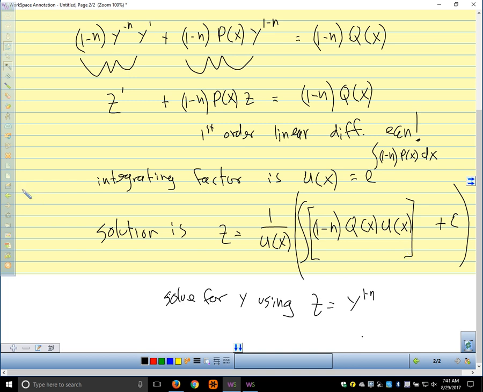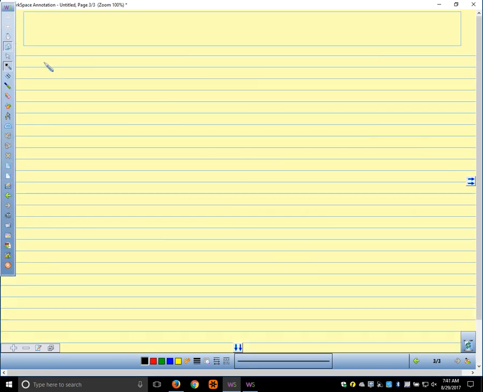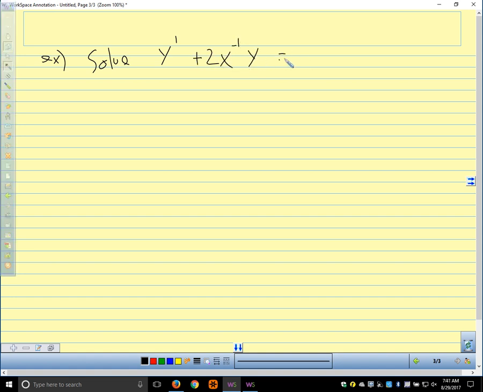Let's take a look at an example. So we want to solve y prime plus 2x to the minus 1 y equals x to the 6th y to the 3rd.